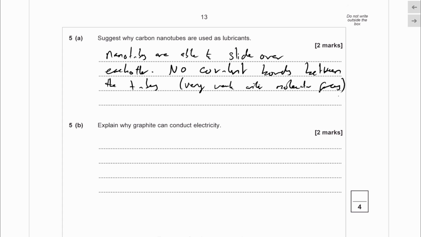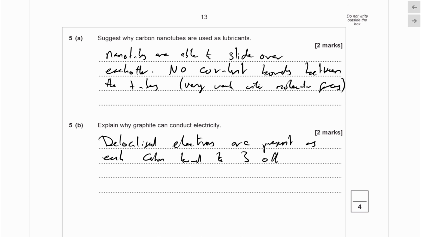Okay. Next, it says explain why graphite can conduct electricity, and we mentioned this as well. Well, each carbon has a spare electron, if you like. So a pair of carbons will have a spare pair of electrons. Those electrons, as we said, are delocalized. So the first point is that there are delocalized electrons present as each carbon is bound to 3 other carbons.